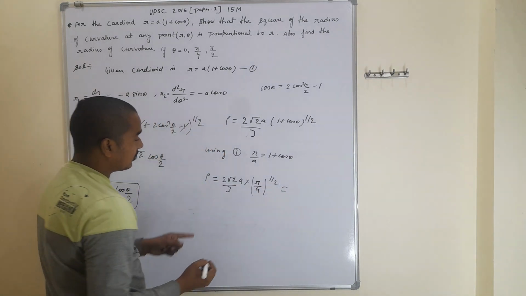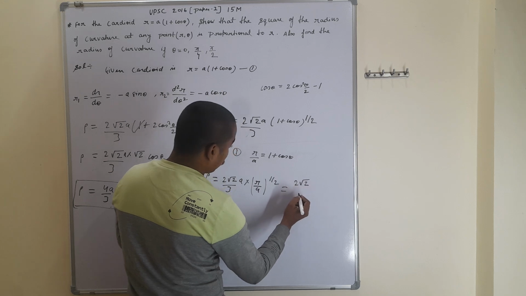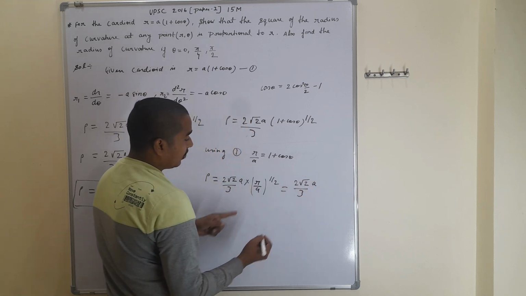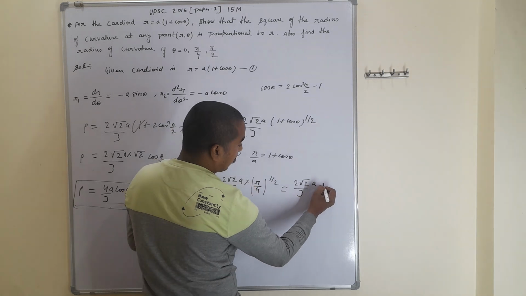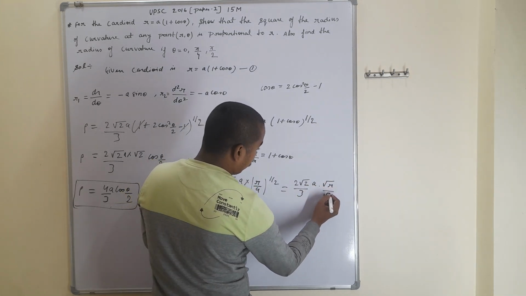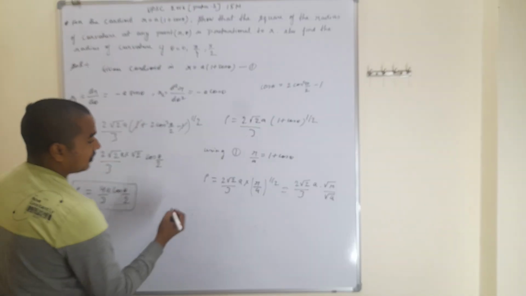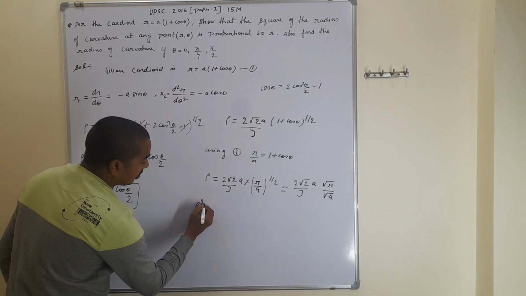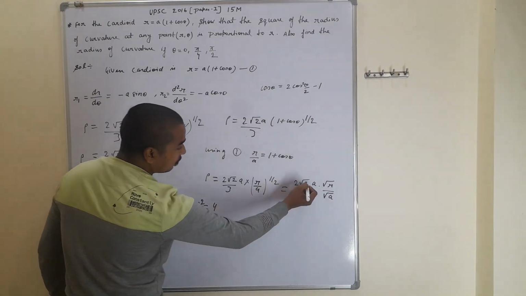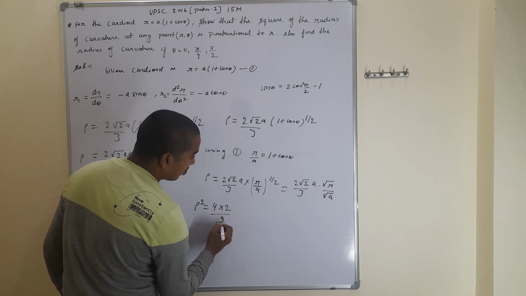On solving, that is 2 root 2 upon 3 into a, that is also root r, and this is root of a. On squaring both the sides, rho square is equal to 4 into 2 upon 9.